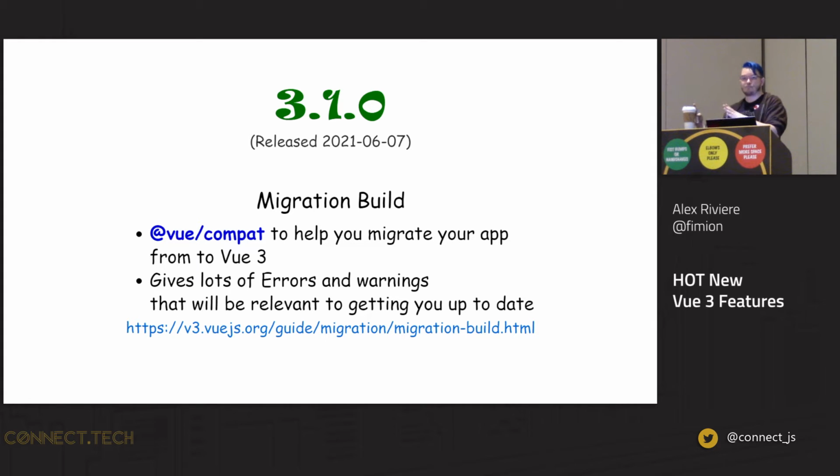@vue/compat library, and it allows you to start doing things and giving you error messages when it's like, hey, you're using a filter, stop that. Also things like, hey, you're using $listeners here. We don't do that anymore.